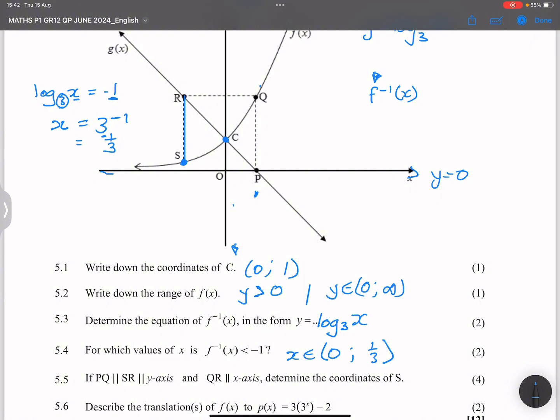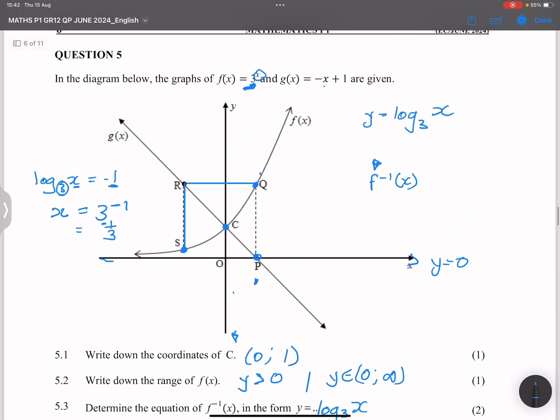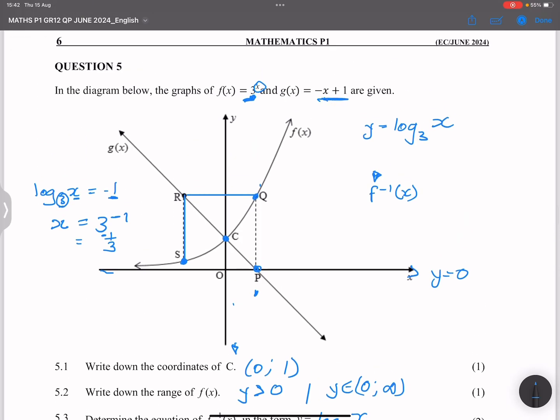The y value at R is equal to the y value at Q. Now let's start at P. Where does the graph of minus x plus 1 cut through the x-axis? Minus x plus 1 is equal to 0, so x is equal to 1. So the point P is (1, 0).